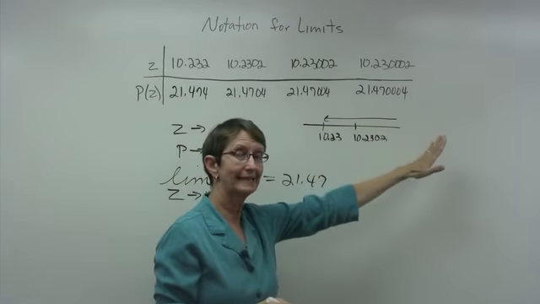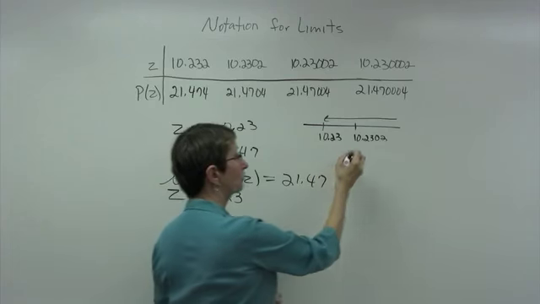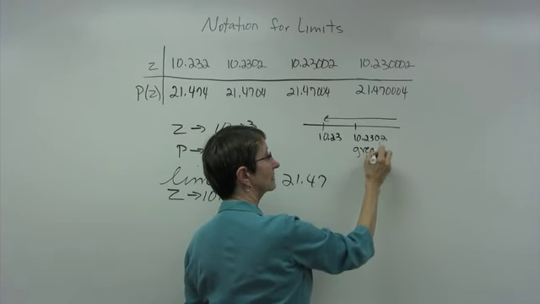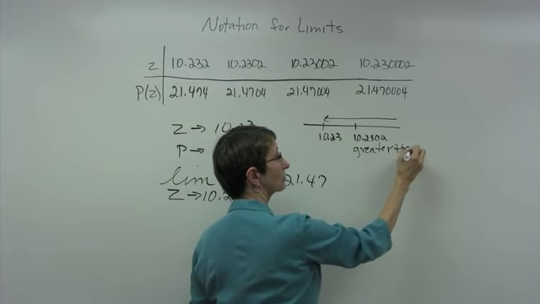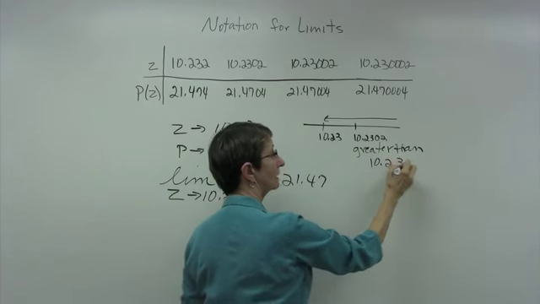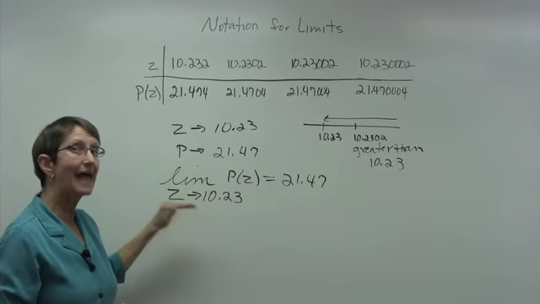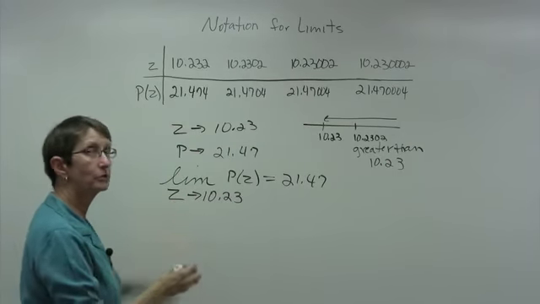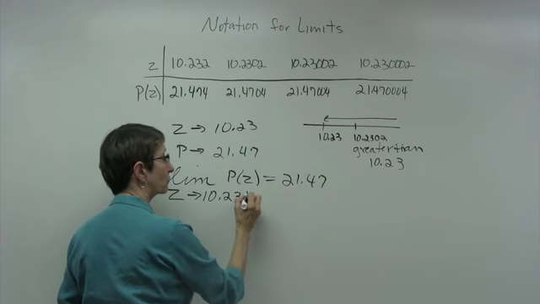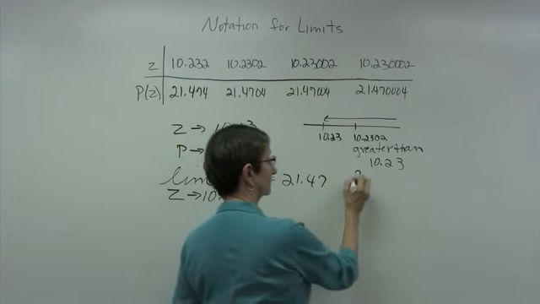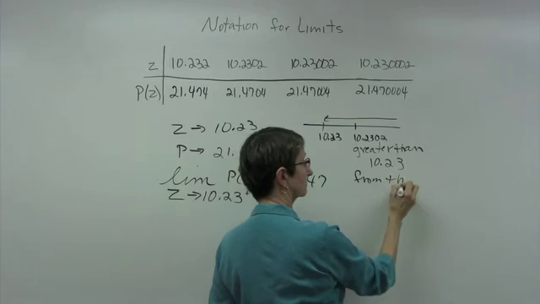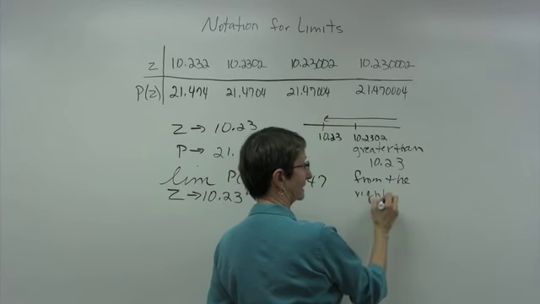Since they're on the right-hand side, they're numbers greater than 10.23. So this is actually the limit as z approaches 10.23 from the right-hand side. From the right side.